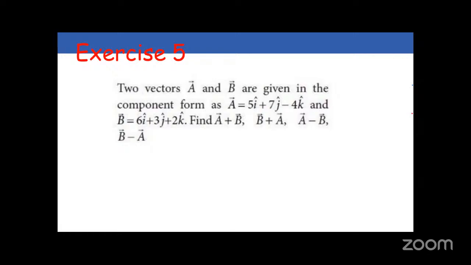And B has a vector 6i plus 3j plus 2k. We are asked to find vector A plus B, and vector B plus A. And then vector A minus B and vector B minus A.